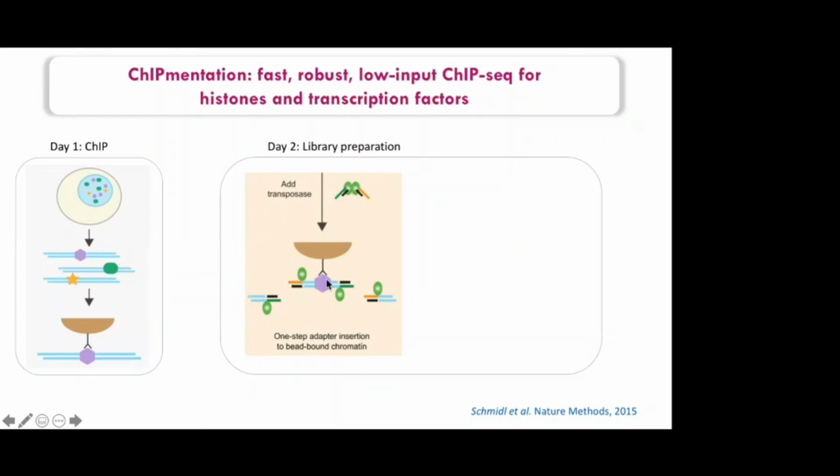It binds to these fragments and inserts the adapter. So it's a one-step library preparation. So it brings down the overall protocol to just 2 days because there are fewer steps of DNA purification, and the library preparation is much easier. So there's some cleanup after that, reverse cross-linking, amplifying libraries, and then send them for sequencing.